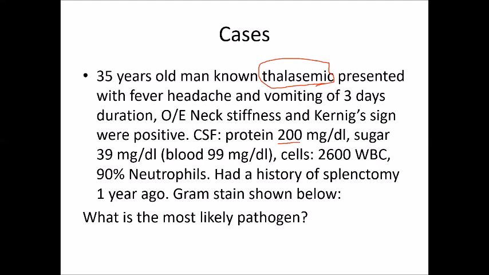Sugar was low, white blood cell count was very high, and 90% of it was neutrophils. So this is the classical picture of bacterial meningitis: low sugar, high white cells with neutrophils, and high protein. So clinically and by CSF, it's proved to be meningitis.